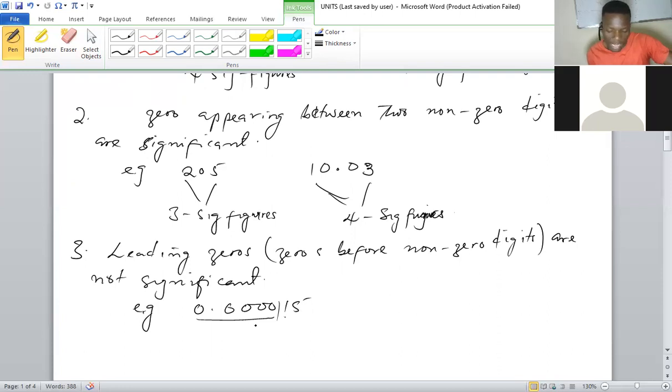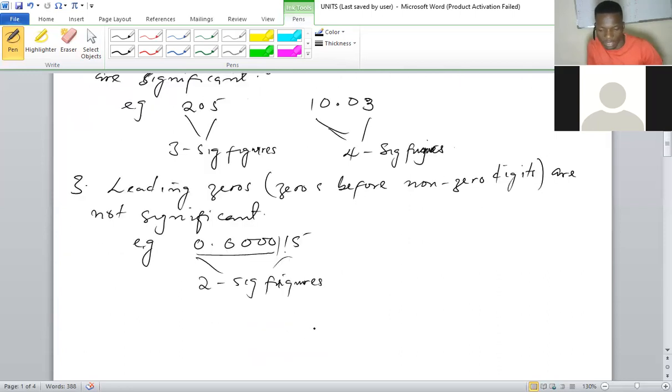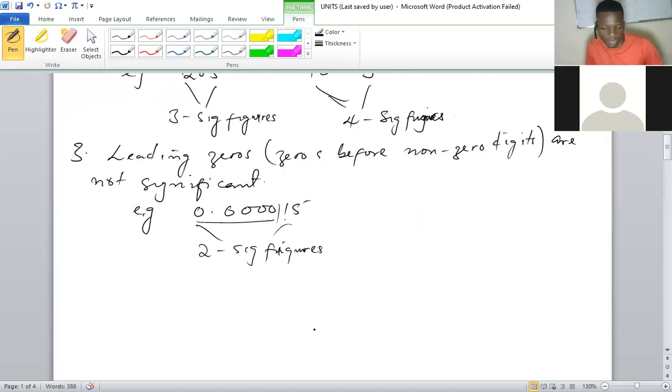So in the whole of this, we only have 2 significant figures. So all zeros that are found before non-zero digits are not considered to be significant.